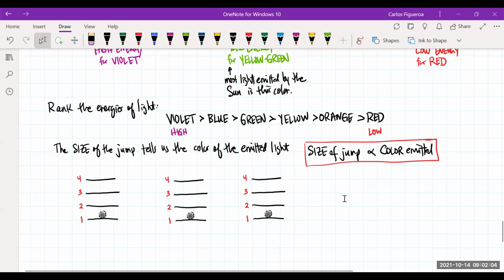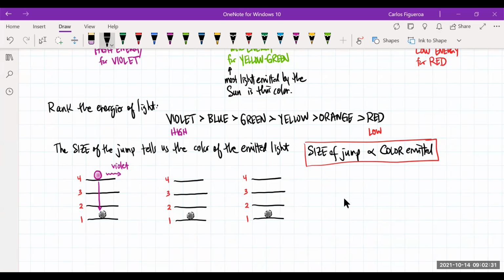Okay, so let's look at this thing here. So check this out. Let's say I have an electron that's in the 4th energy level. What it does here is it's going to decay. And as it decays, because that's a big jump, it has to emit higher energy light, which is violet in this case.